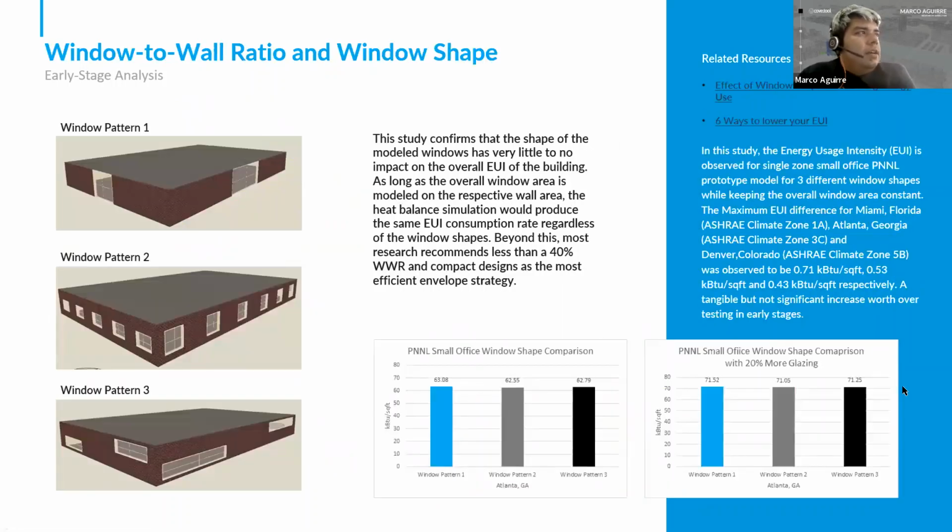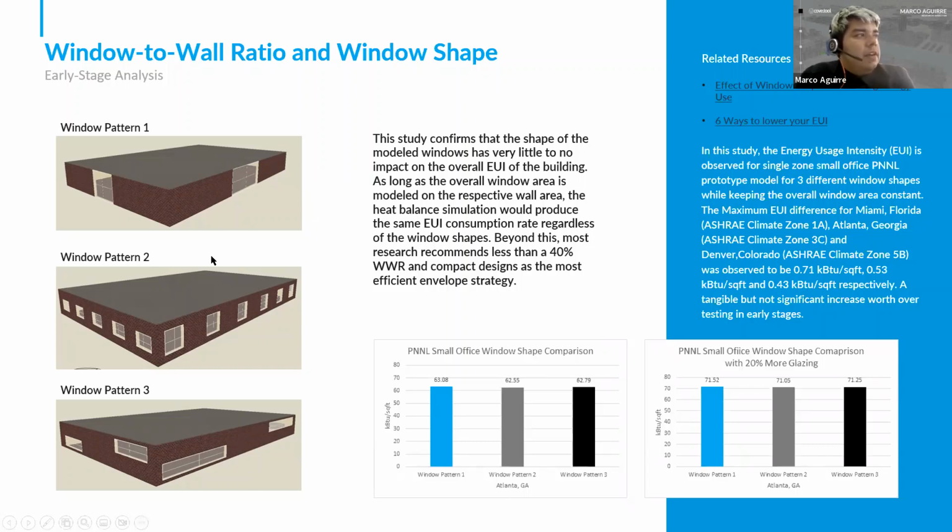And then finally, window to wall ratio is another type of energy analysis and a type of study that a lot of architects tend to do. Sometimes you won't see major differences between energy models when you have the same window to wall ratio, but you're just distributing it in different ways.